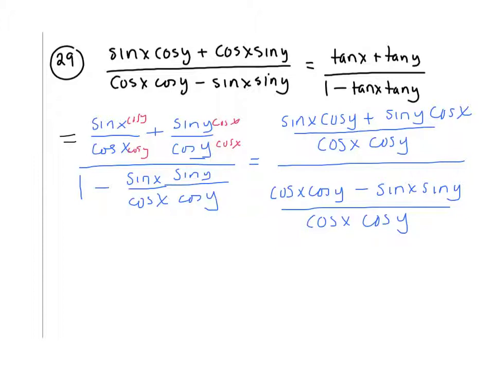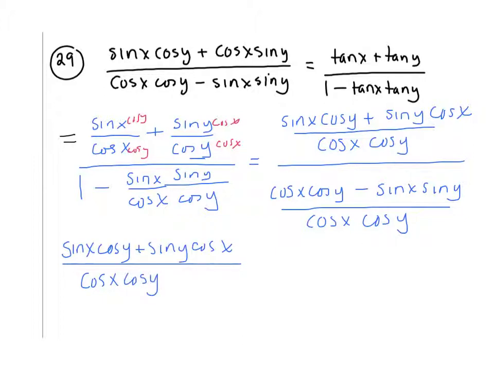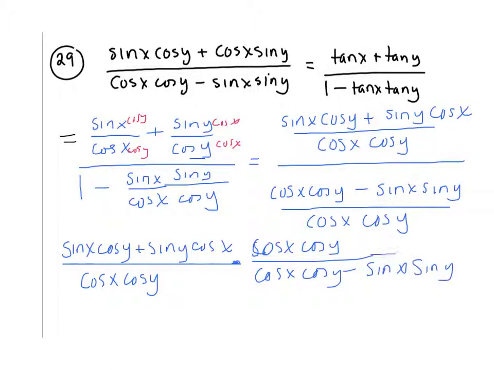Now, to do fractions, we do it just like we've been doing it. You flip and multiply. So I have sine x cosine y plus sine y cosine x over cosine x cosine y, times cosine x cosine y over cosine x cosine y minus sine x sine y.